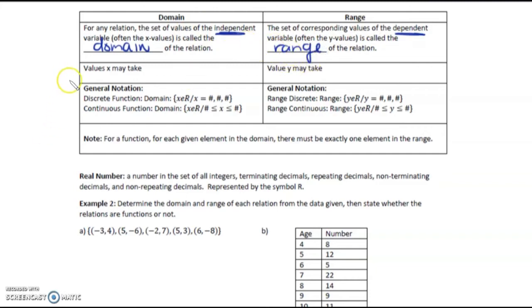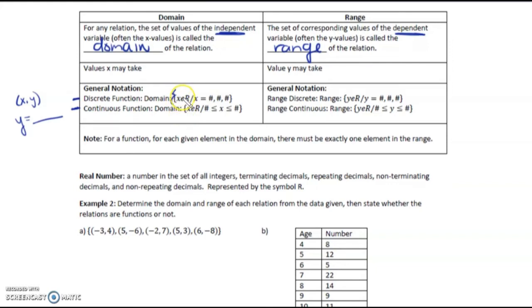In general, there's a general notation for the domain and range. Usually we rewrite it as one of these two things. We can either have a discrete function or a continuous function. A discrete function is when it lists x, y values. A continuous function is usually when it gives us an equation. For a discrete function, we put a squiggly bracket, x, this ∈ represents "element of," and the ℝ is the real number system.